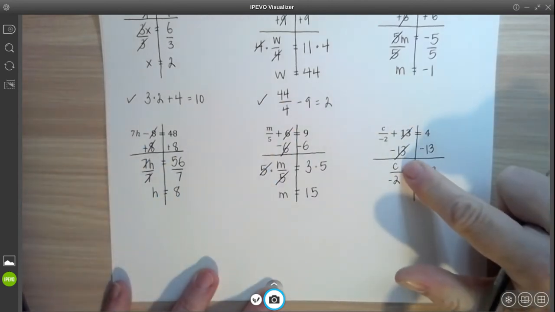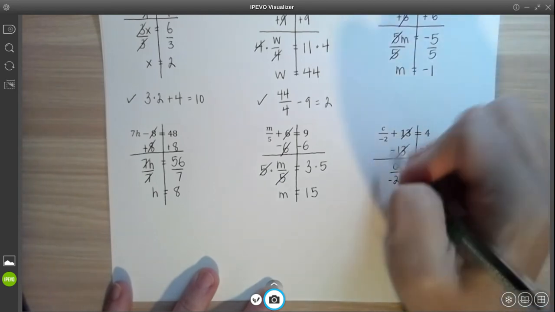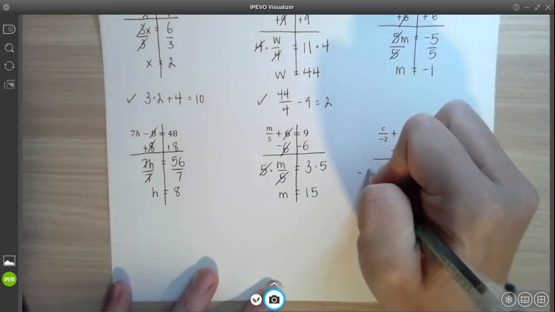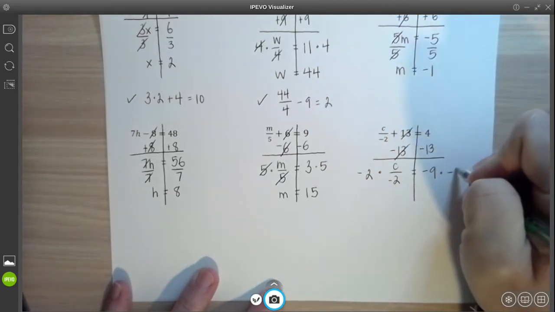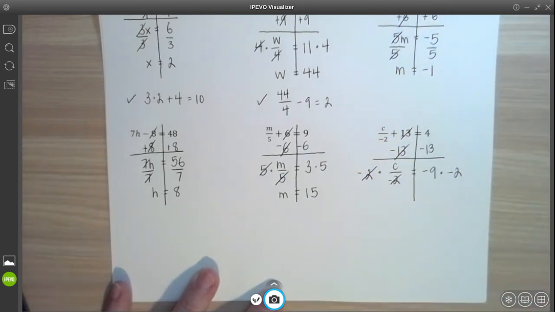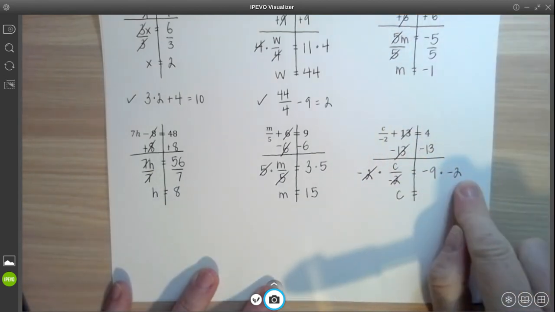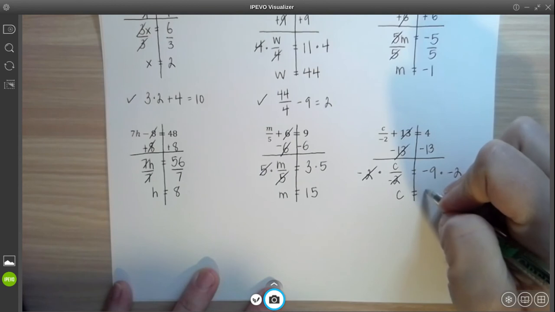Finally, to get rid of c divided by negative 2, the opposite of dividing is to multiply. If the bottom number is a negative, I have to multiply by a negative. So dividing by negative 2 is the opposite of multiplying by negative 2. So finally on this one, if I do the operations on the right, negative 9 times negative 2 is positive 18.